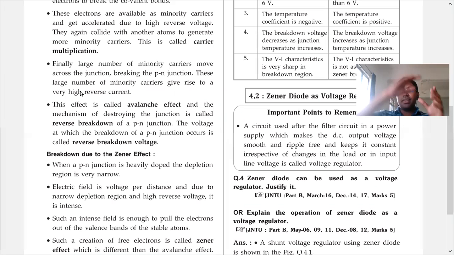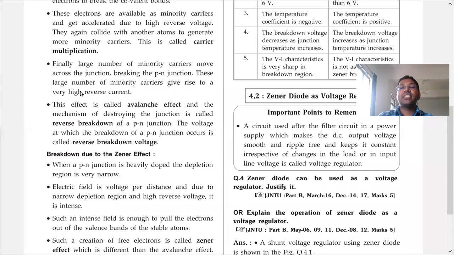See, the stick is thin. Small effort is sufficient to break it. You are only putting small effort, but at the molecular or atomic level, that is becoming high enough to break the stick because the stick is thin. Same thing with electric field intensity. The electric field intensity now becomes very high, although the voltage is less, because the depletion region is thin.